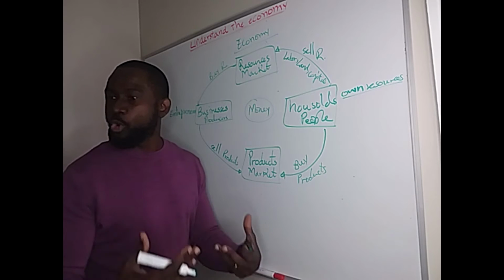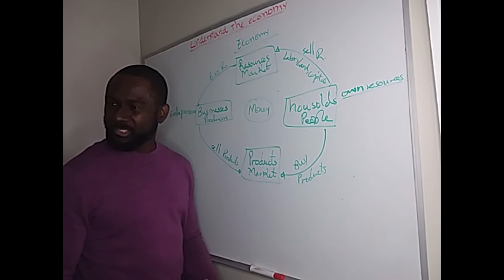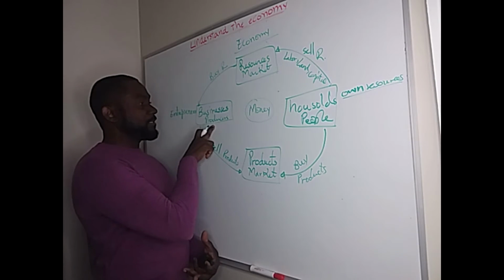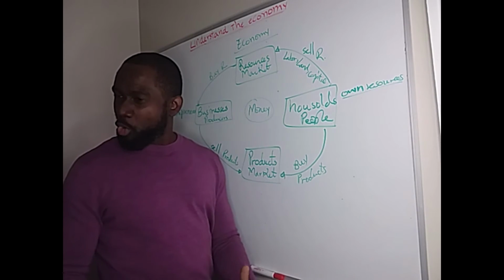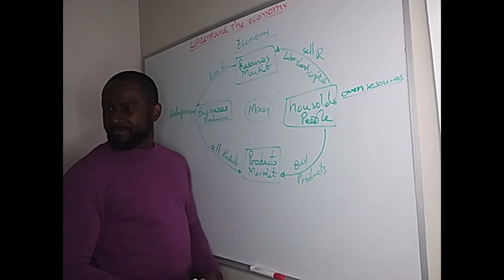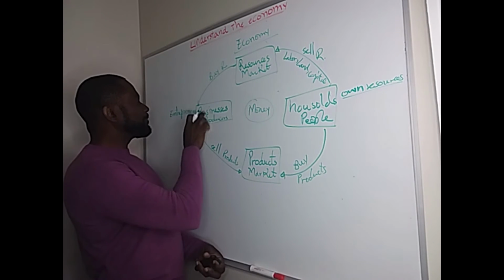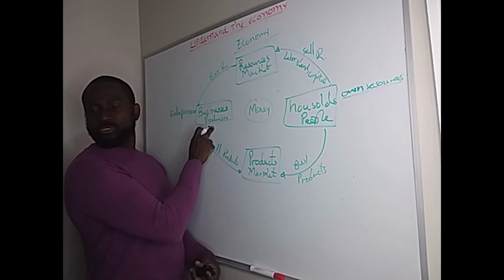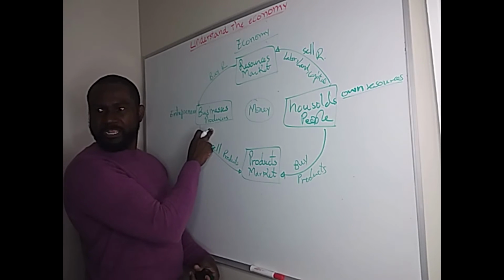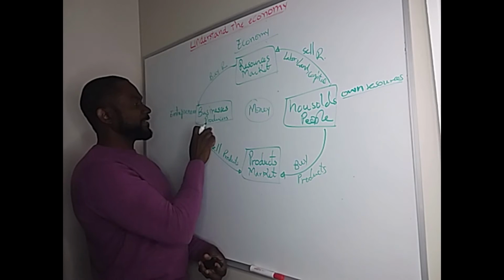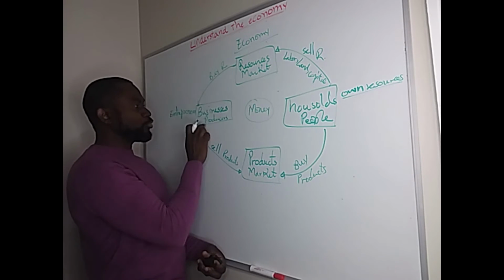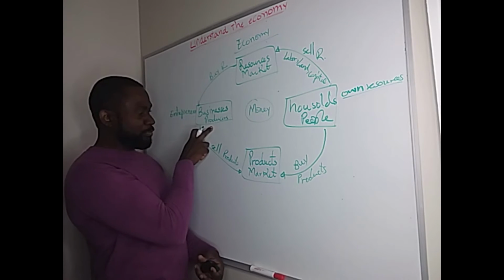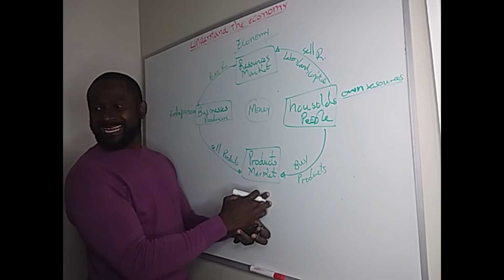If you grow corn, for example, you need to sell it because you can't eat all of it. The company needs your corn to produce bread. They need people to work for them. So they need intellectual resources, natural resources, and financial resources, which is money, to build that business, and then people to work in it, and natural resources to produce bread, so they can come here and sell the bread.